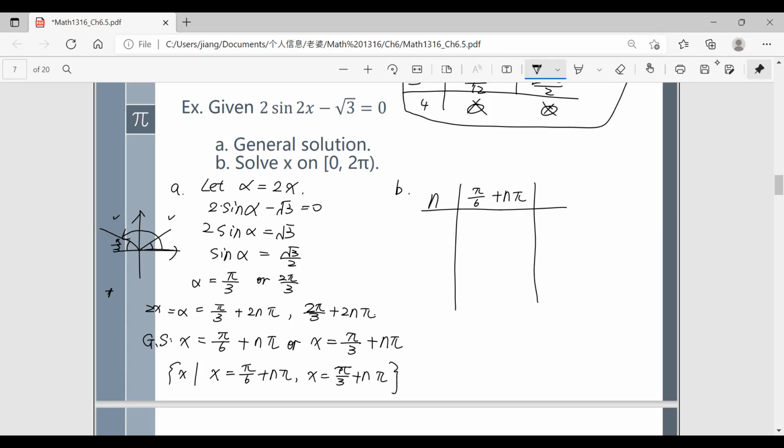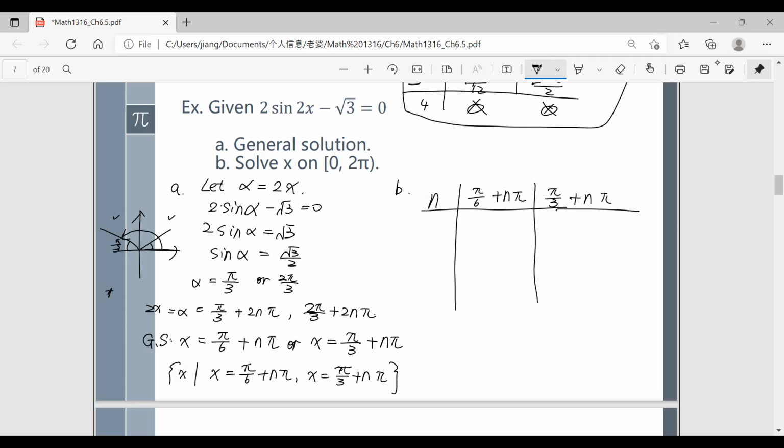Then another one is pi over 3 plus n pi. So if n equals -1, pi over 6 minus pi is a negative number, and this one minus pi is also a negative number.